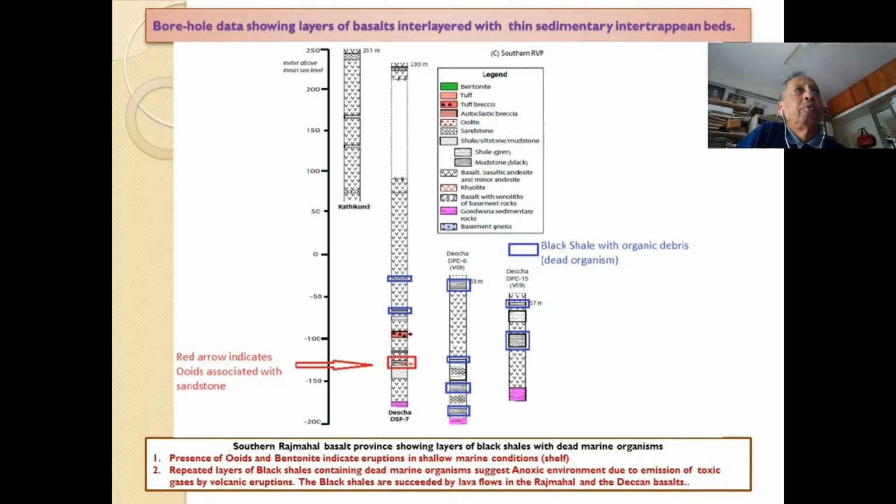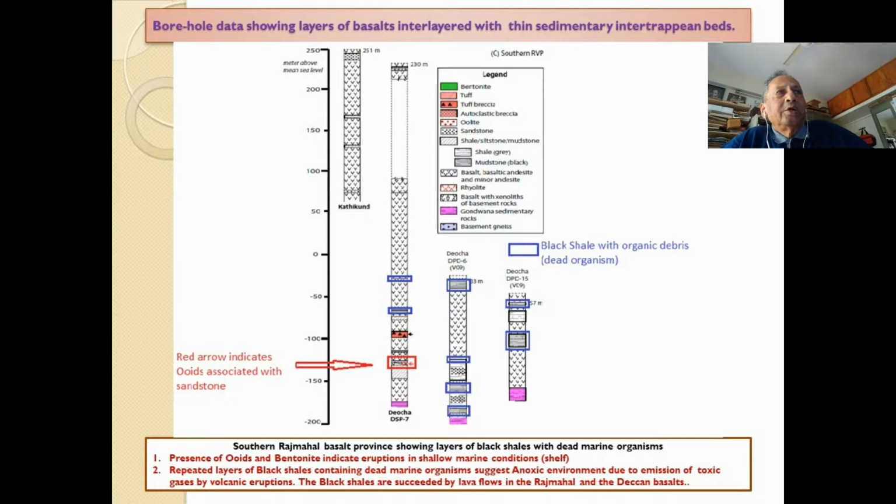It shows the borehole lithology from the southern part of Rajmahal basalts. In this we find there are several layers of eruptions, and in the lower part we have the occurrence of thin interbeds between the successive lava eruptions.